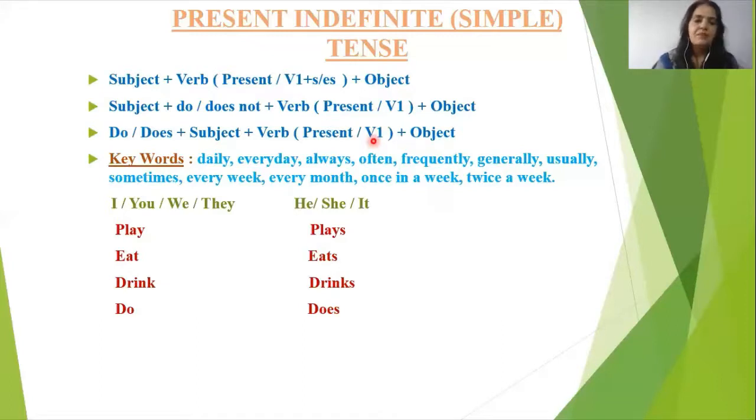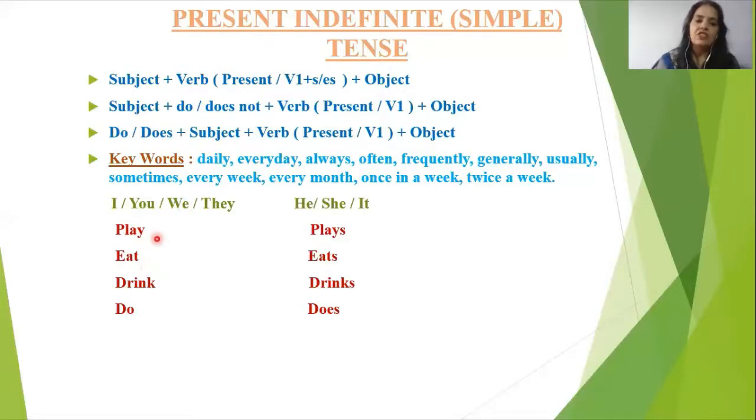See, children, with plural subjects, you, we, they, and I also we count as plural. We use all the rules of plural numbers with I. So I, you, we, they, we will use the simple first form of the verb. It means plural number is equal to first form of the verb.